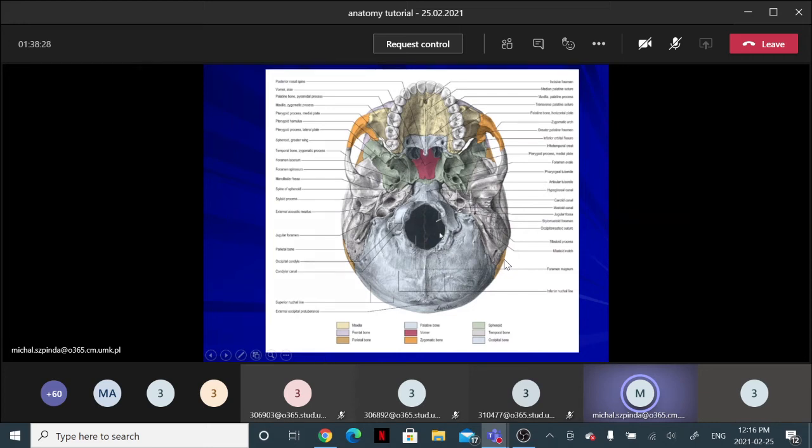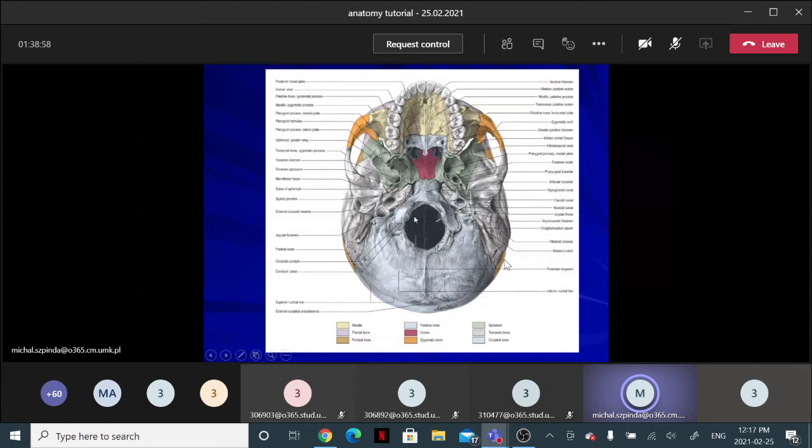Just behind occipital condyles, we have some pits, two condylar fossae with condylar canals that enter the cranial cavity.